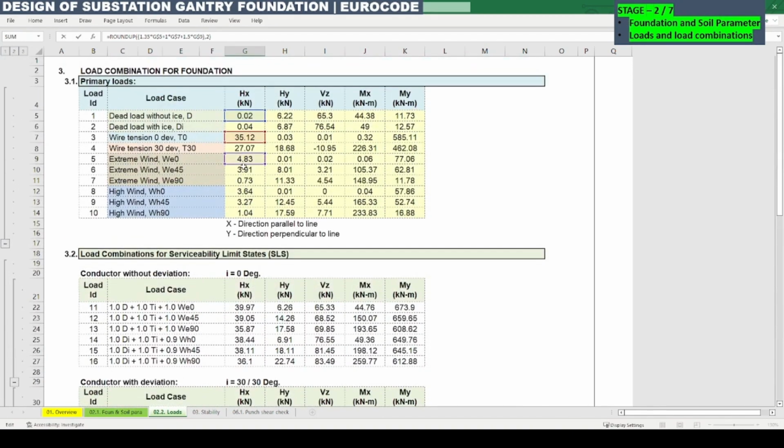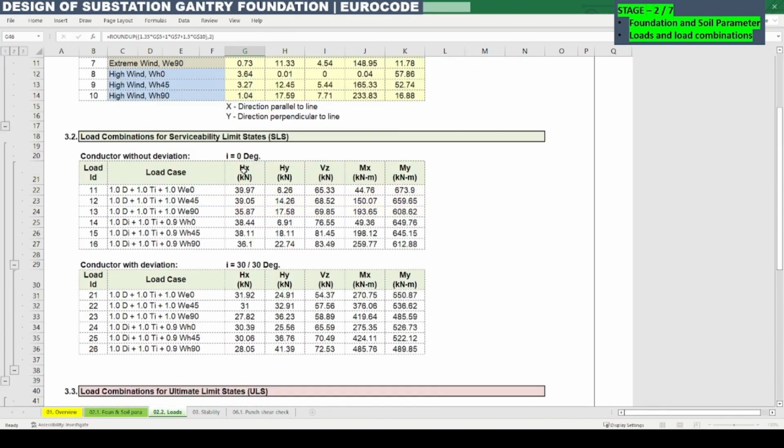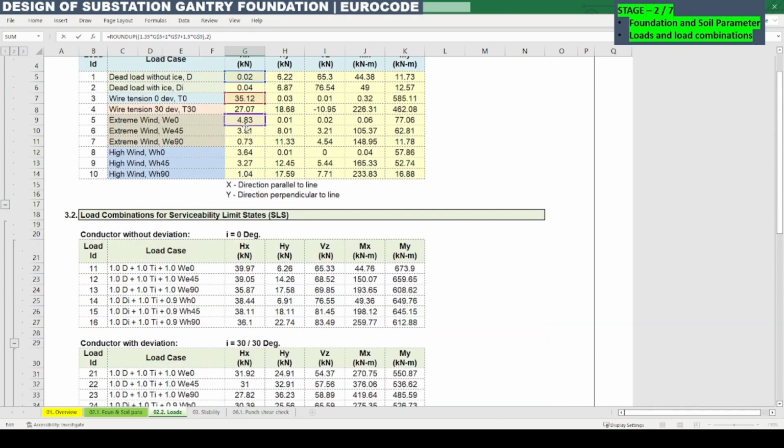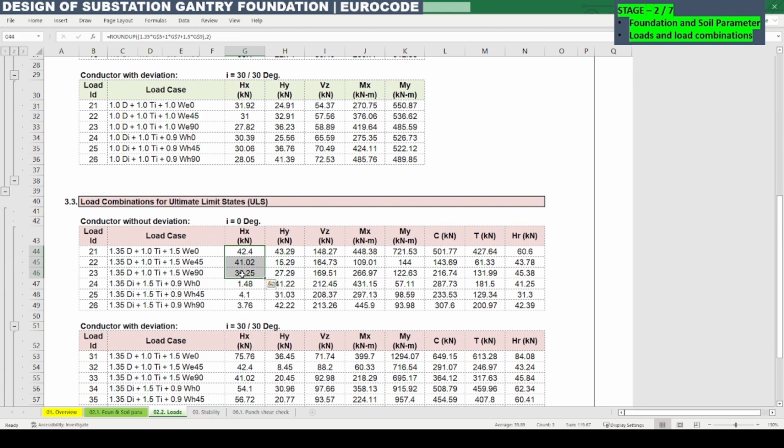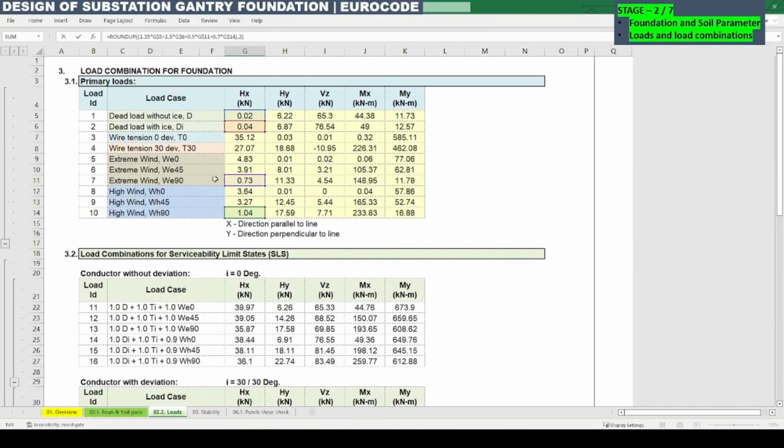So here again this should be 45 degree and the extreme wind to be 90 degree here, and we can copy paste all the other two, HY, VZ and MX, MY.